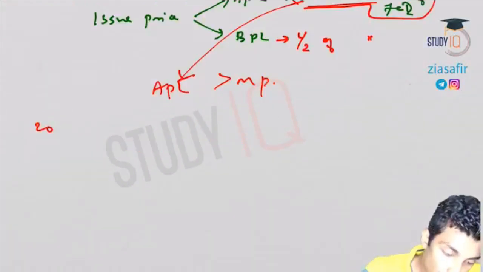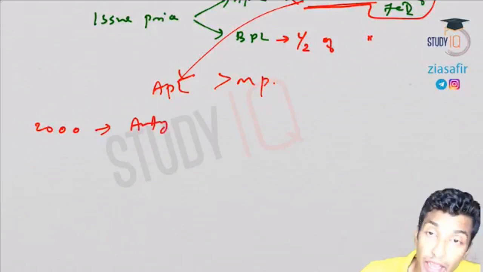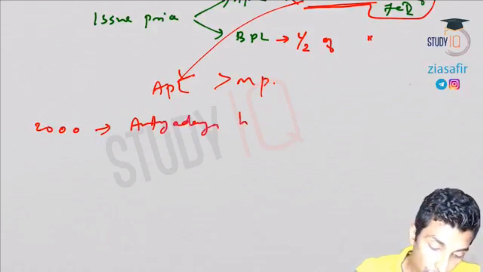Now in 2000, one more group was also created, a third division, that is Antyodaya households. Antyodaya Anna Yojana was introduced.